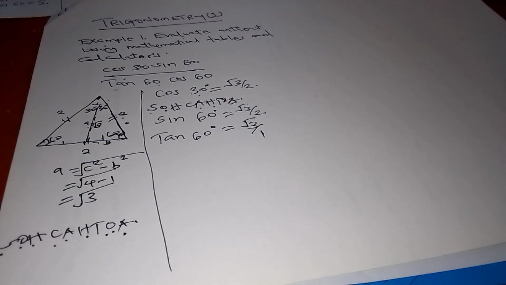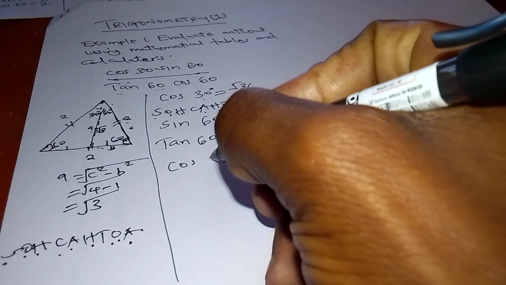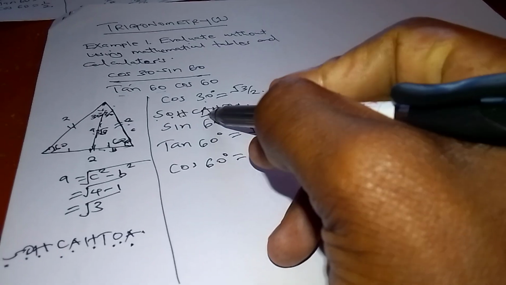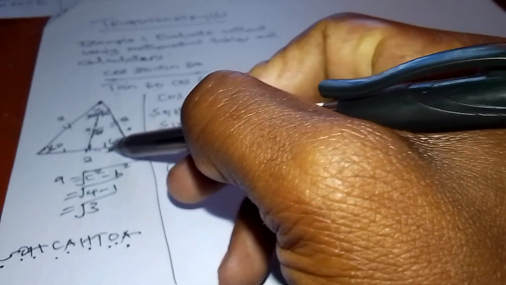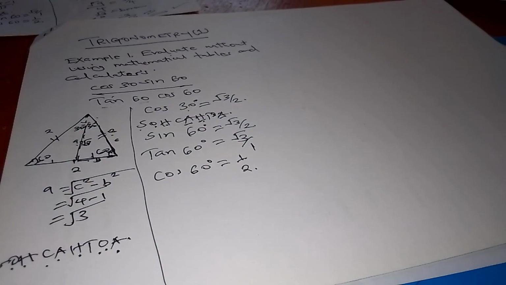Adjacent is 1. And finally we go to cos 60 degrees. Cos is equal to adjacent over hypotenuse. Cos 60 is 1 all over 2. Yeah, that is what we have.